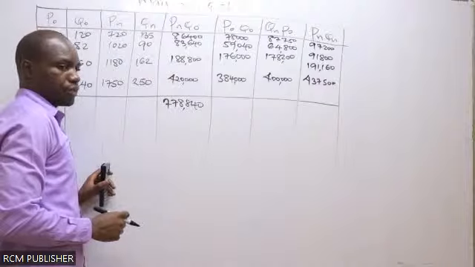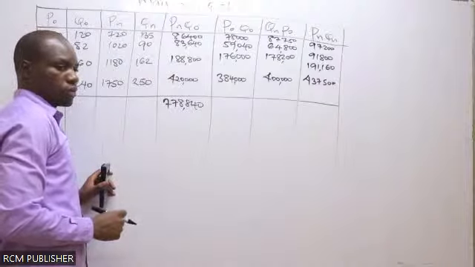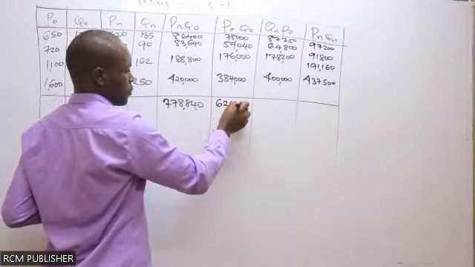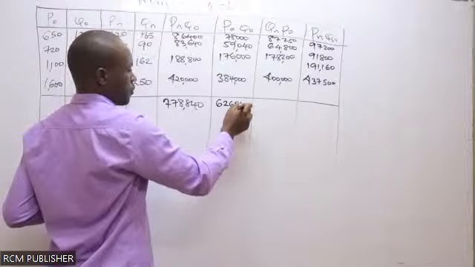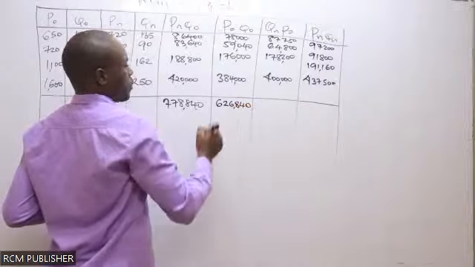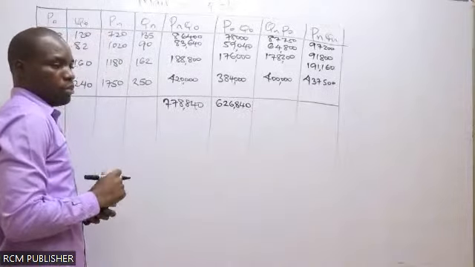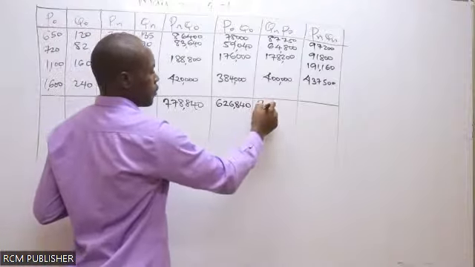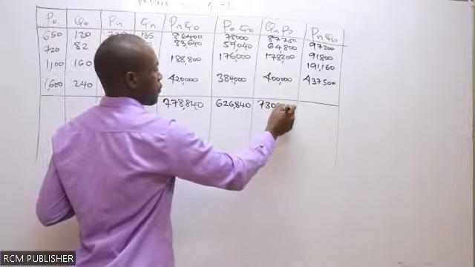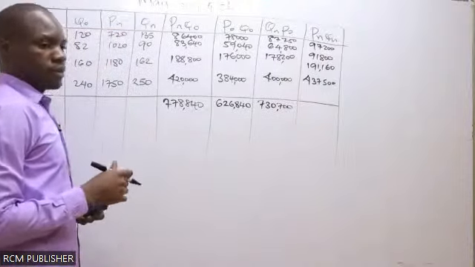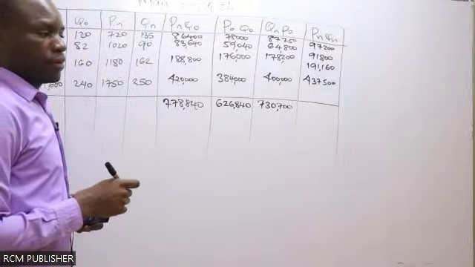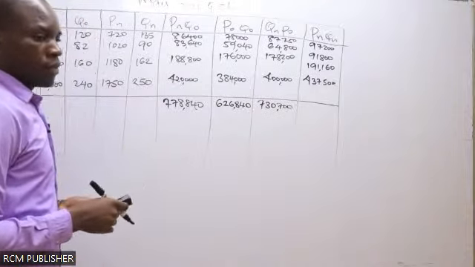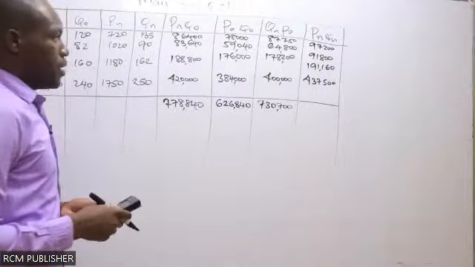POQO 626,840. Okay. QNPO, yes, QNPO 730,700. PNQN.